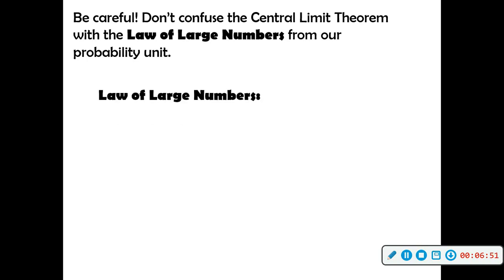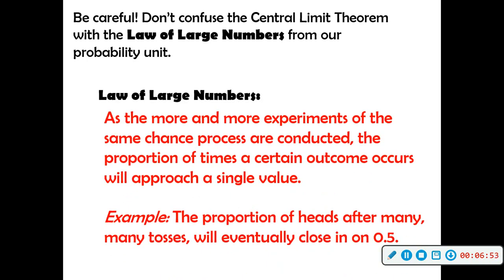So the law of large numbers said that if we're finding an experimental probability and we do many, many trials, that proportion should be getting closer and closer to a single value. What does a 50% chance of heads mean if I flip a coin? Well, it means that after many, many tosses, the proportion will get closer and closer to 50% heads.